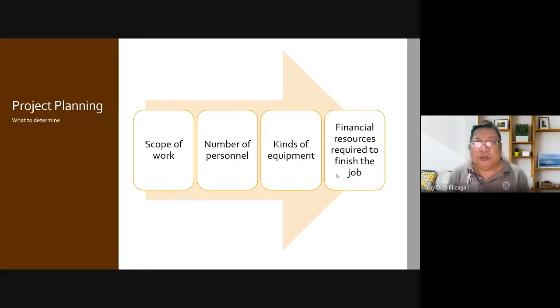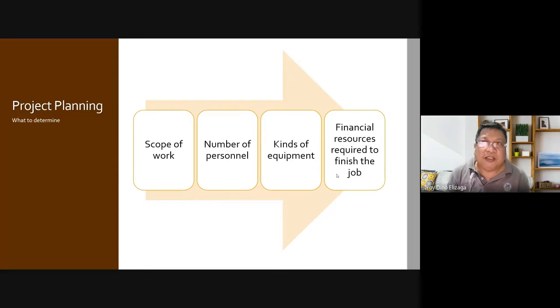At one point we had to get someone to operate a drone because it is new to us. We do not know how to operate one. And then, of course, the kinds of equipment that will be needed. I mentioned the drone as one. You have a transit, and later on we will discuss the other types of equipment that we will be using in documentation. And finally, the financial resources required to finish the job.